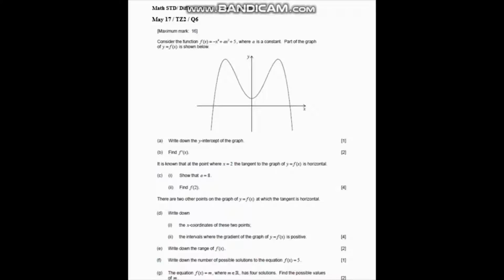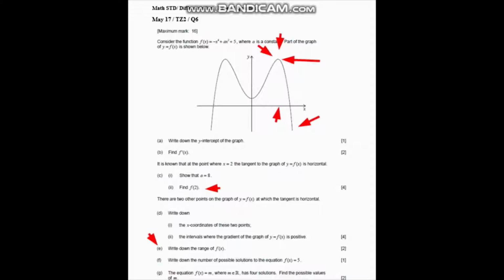Next, we want the range of f of x, and the range of y values has to do with the maximum and the minimum. So the maximum y value exists right there, and there is no minimum because the function extends indefinitely. So y is less than or equal to this value right there, and this value has already been obtained in C(i) because this is f of 2, because we said that x equals 2 at the maximum point, so y equals f of 2.